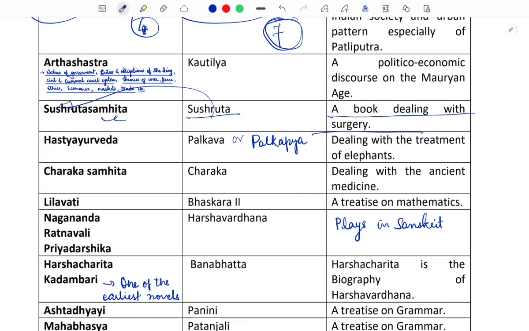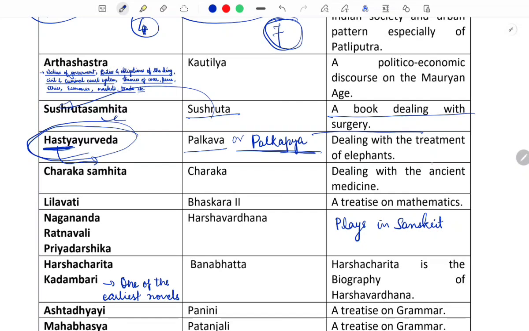One more thing you'll need to know is that Palkapya actually wrote the Hasta Ayurveda. Hasti, you can just associate, is all about elephants. So this text was dealing with the diseases and treatment of elephants.